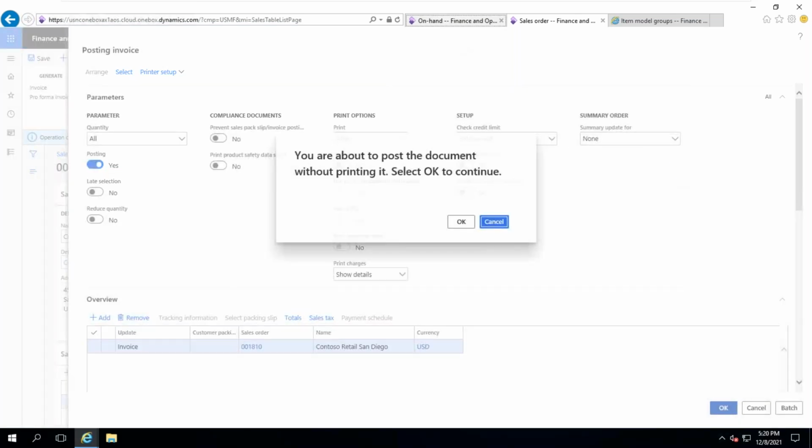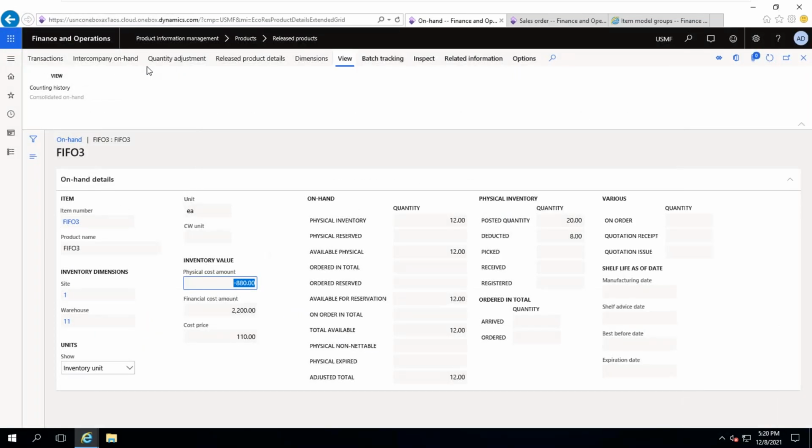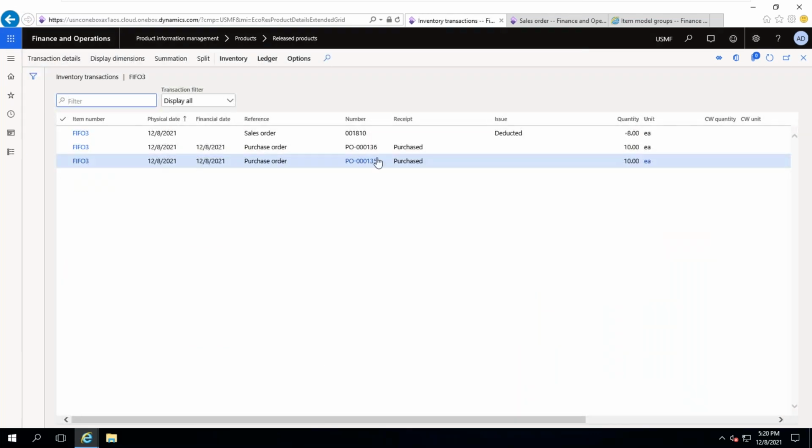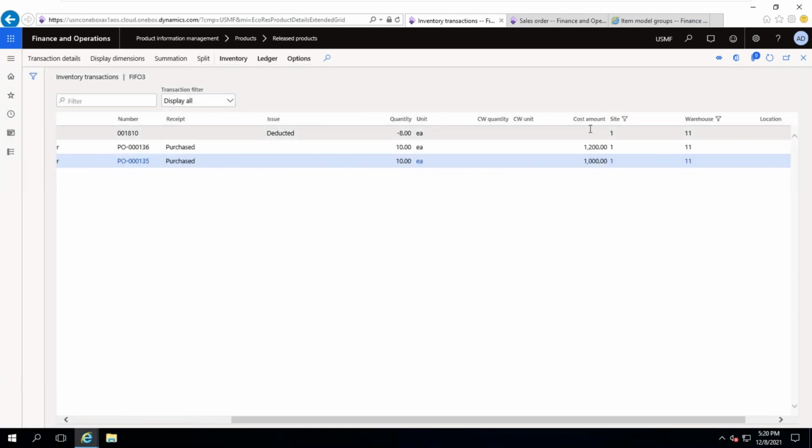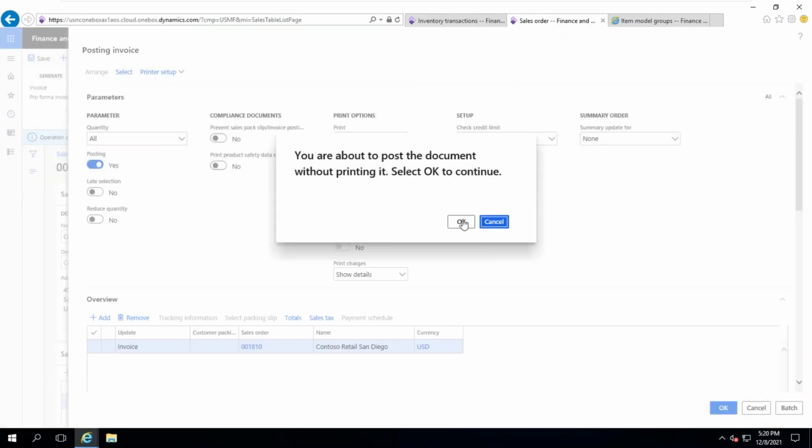So before doing this, let me show you in the on-hand inventory transactions: the sales order is created with the deducted status. Sales order status deducted, and cost amount is 0. Cost amount is 0. Now let me do invoicing.